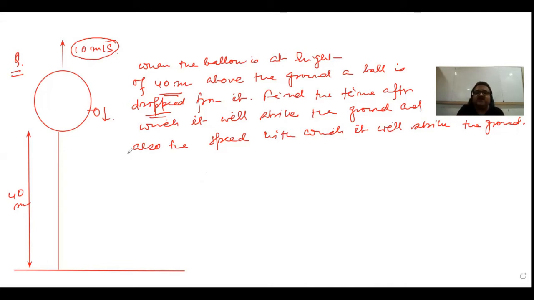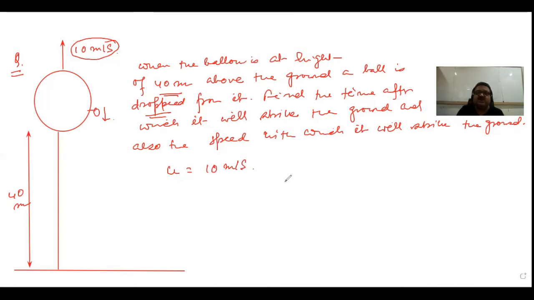So what you have to do in this kind of sum is consider u equal to, look, though the ball is falling down, since the balloon is moving up, we have to consider the momentary effect of inertia. That means the ball, when dropped from the balloon, has a tendency to move upward. So we have to consider it is 10 meters per second positive, not negative. Is it clear? Is it clear?